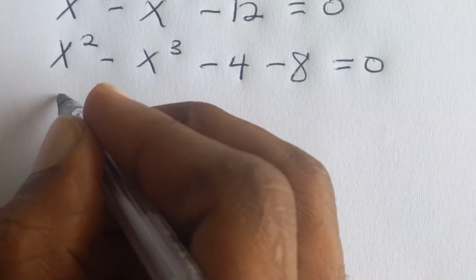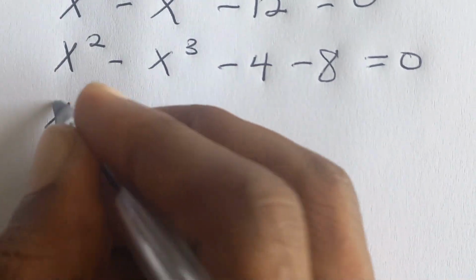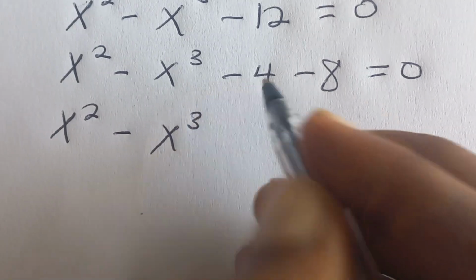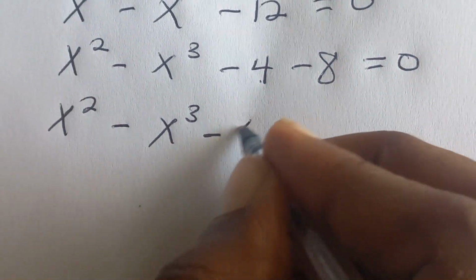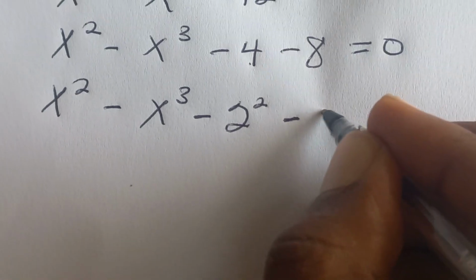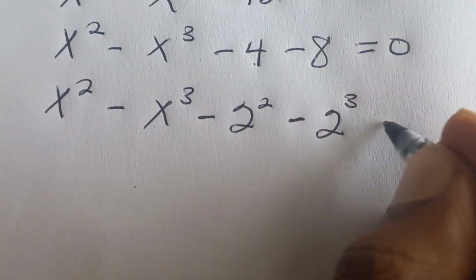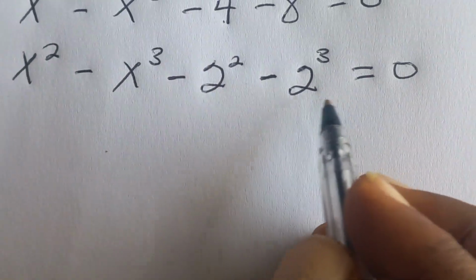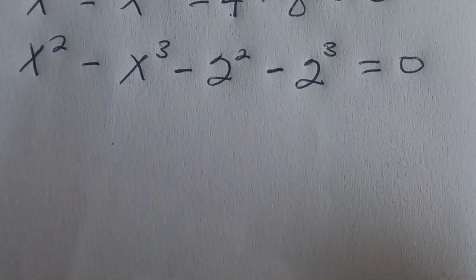Now, let's simplify. We can write x squared minus 4 as x squared minus 2 squared. And this 8, we can rewrite it as 2 cubed, which is equal to 0. So from here, we can group terms.